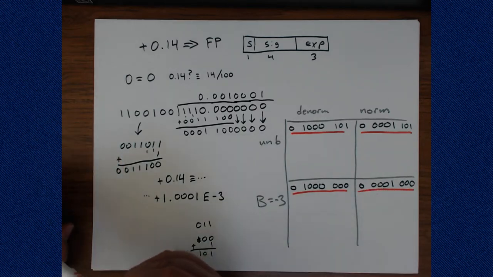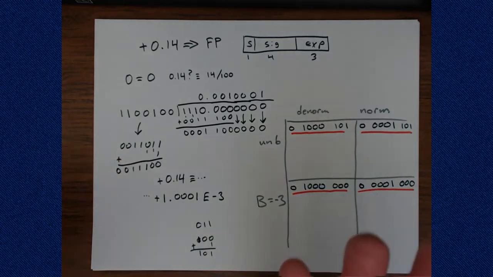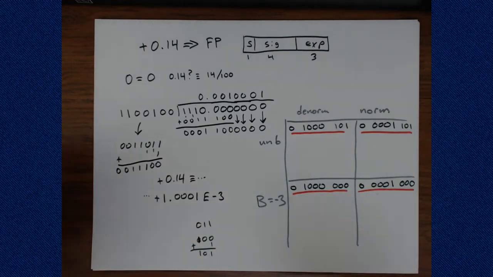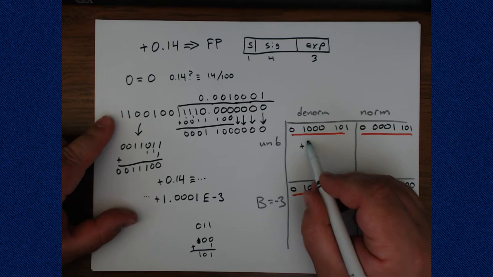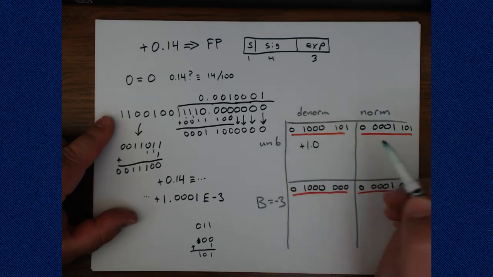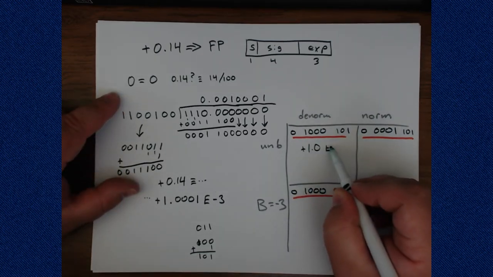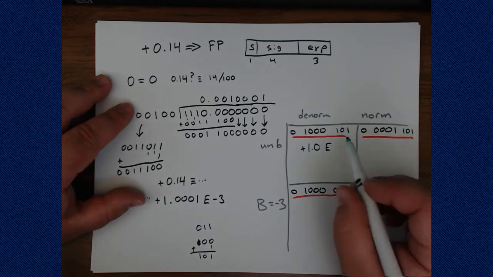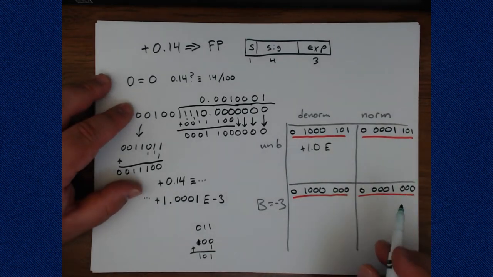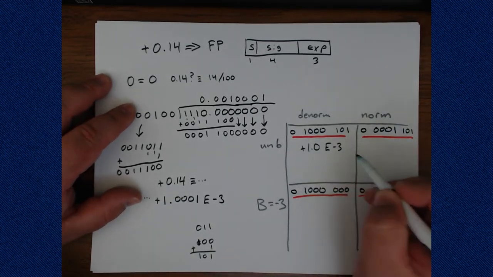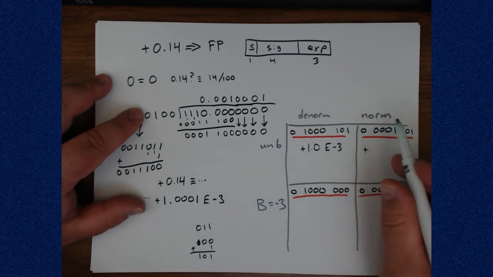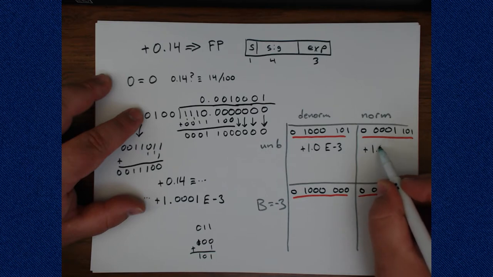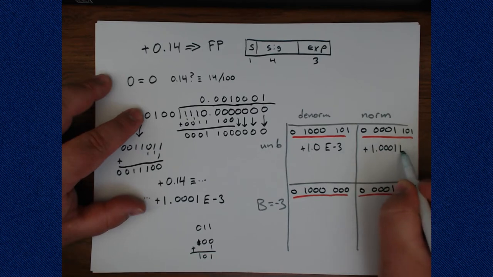All right. But now, like before, we want to know what this means. So we'll reinterpret each of these. This one is a positive, denormalized is 1.0 with an exponent of -3. And we know this is -3 because we just figured that out. For this one, we have a positive normalized, so that's 1.0001 e -3.